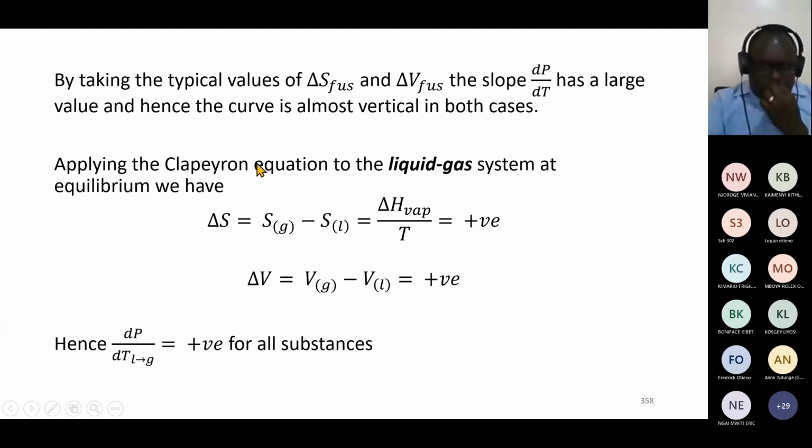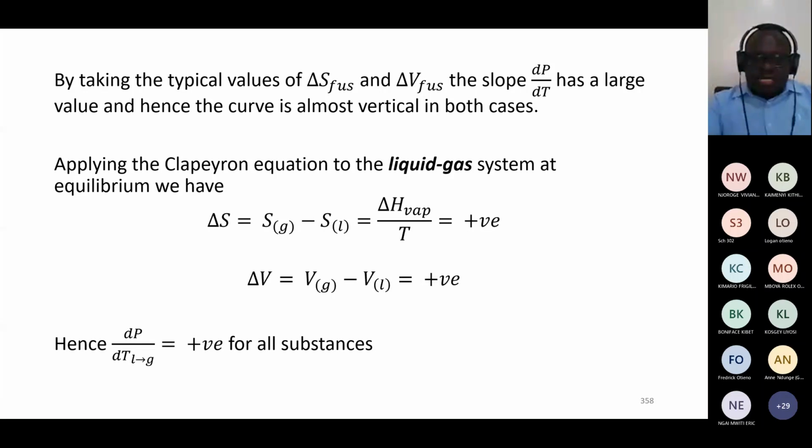Now, in that case we were considering the solid-liquid system, moving from a solid to a liquid. But if you consider the liquid-gas system at equilibrium, here you're talking about vaporization.